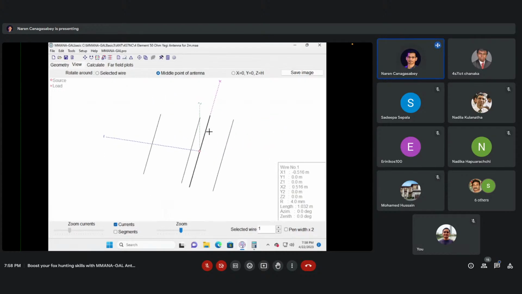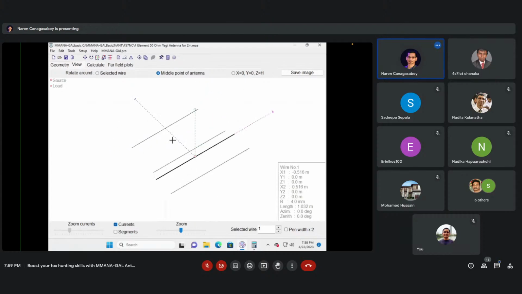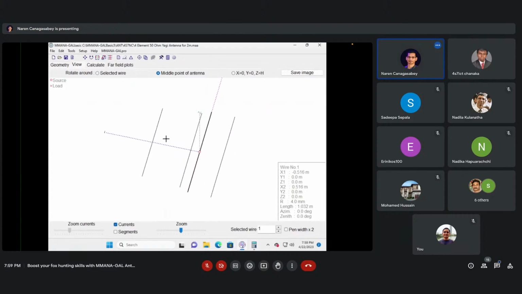For this, I've actually taken the measurements from a website called DK7 Zulu Bravo. He's made quite a lot of antennas. So I've taken measurements of that side.